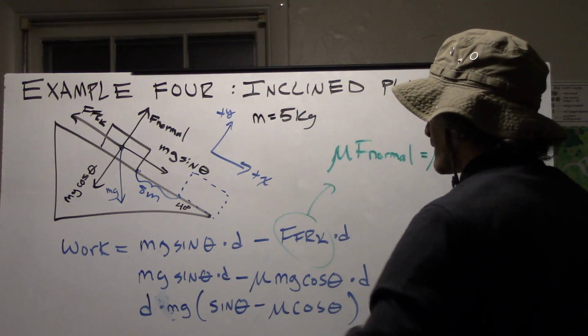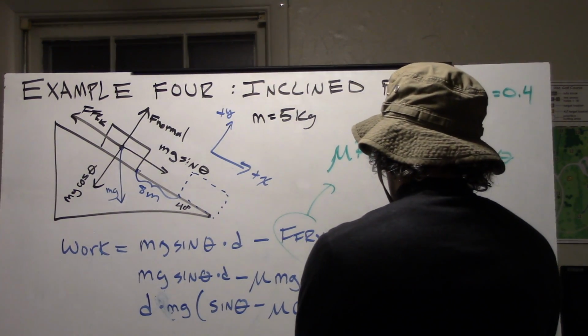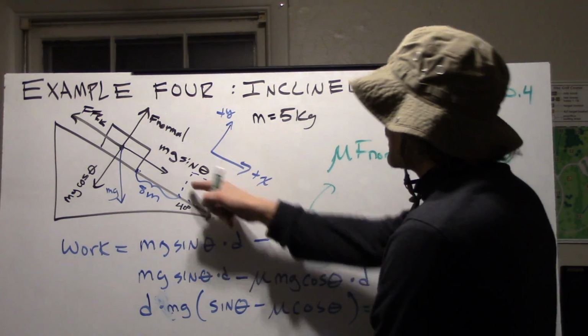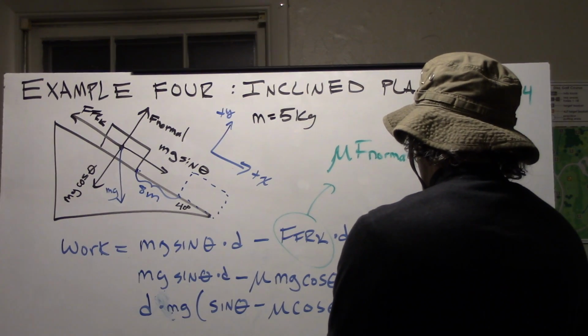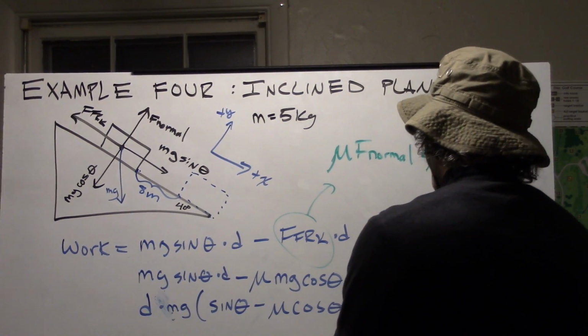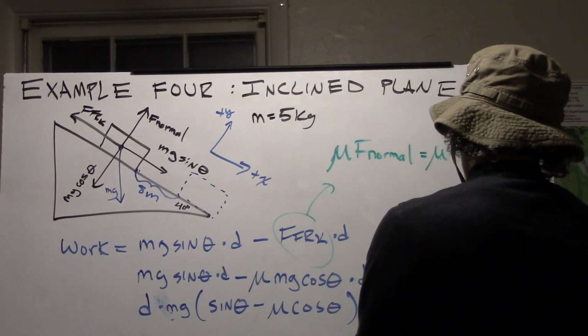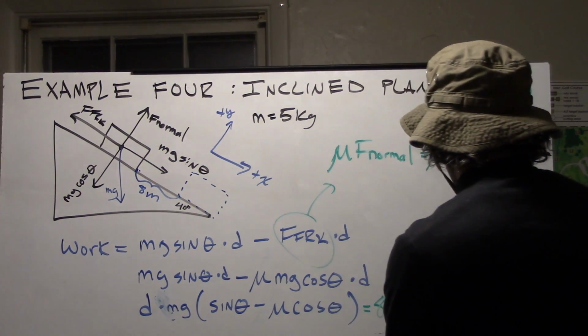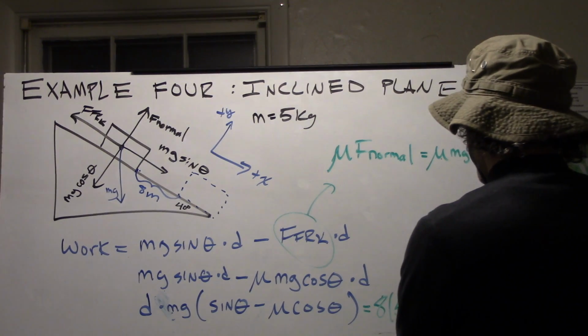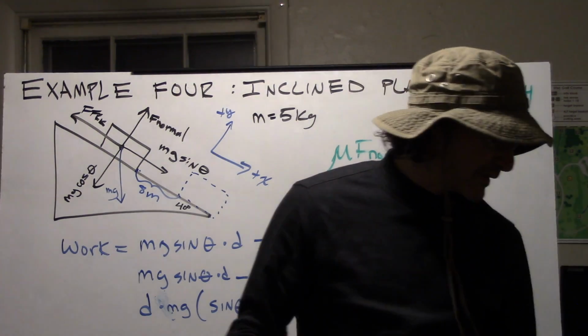All right, well, let's plug in some numbers. So we got d, the same 8 meters that we had before. m is 5 kilograms. g, 9.8 meters per second squared. And the thing here, I will need a calculator for.